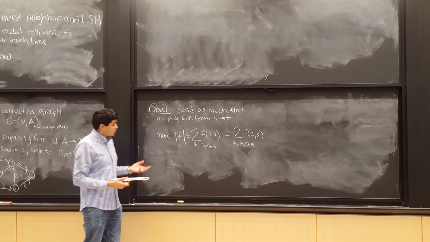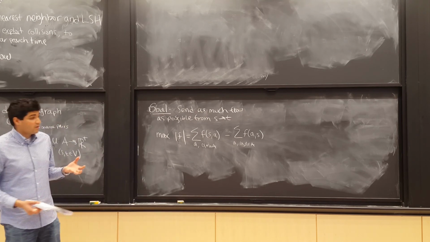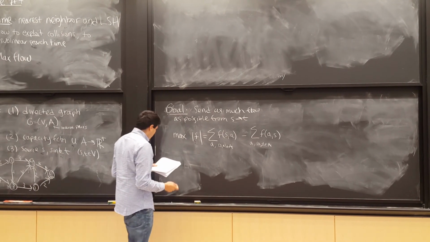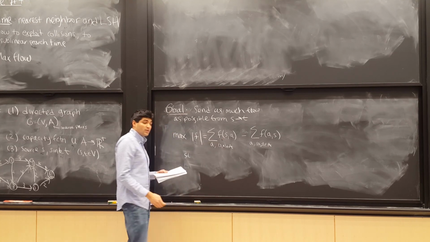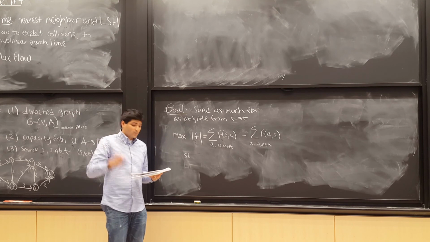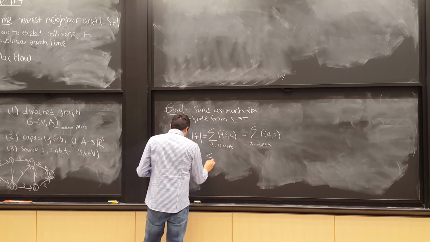Now we have some constraints, because in order for it to actually be a physical flow, there are lots of things that you would hope that a flow actually does satisfy. The constraints that we have on this function that maps arcs to the actual flow values on that arc are what are called conservation constraints.